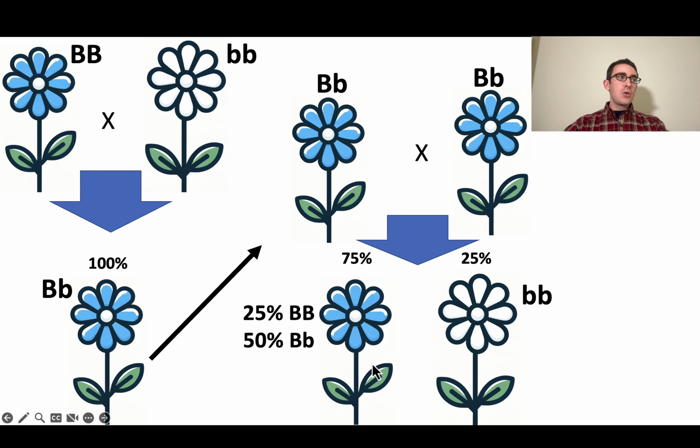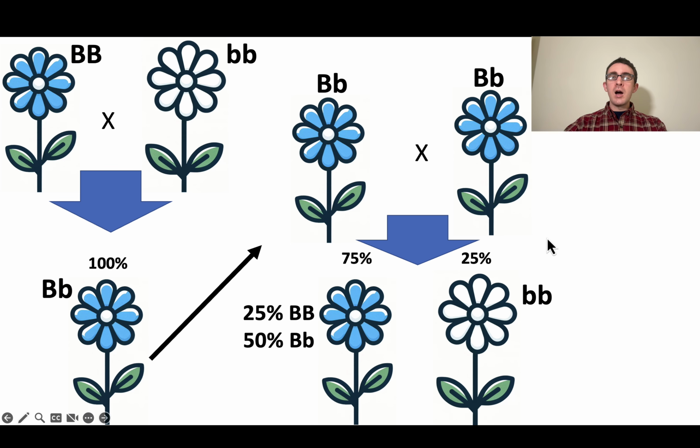Like we showed in the Punnett square, the blue flowers are made up of the one quarter that had two blue alleles, and then the two quarters, or 50%, that had one blue allele and one white allele. And then the 25% of white flowers are the quarter of that Punnett square that had two white alleles. So this is no longer so strange and mysterious.